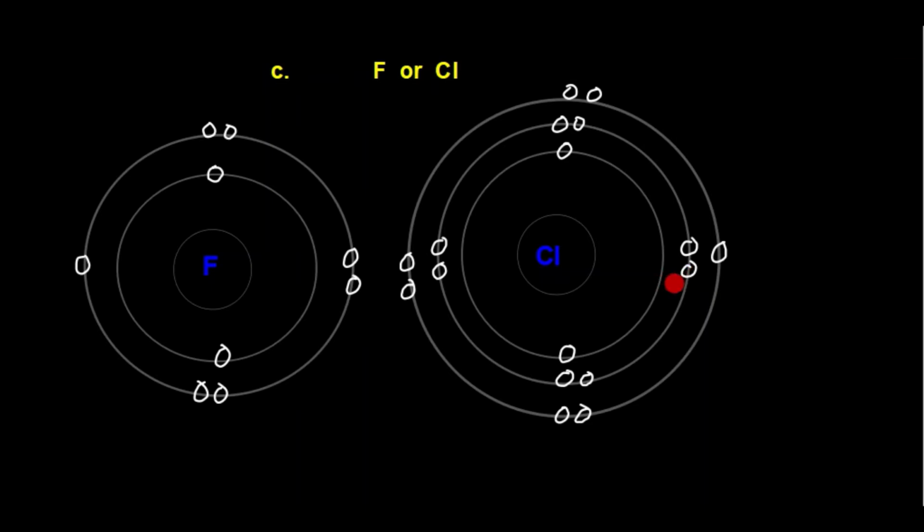Chlorine has 2 inner shells and a greater number of electrons in these inner shells. Fluorine has just one inner shell and fewer electrons in this inner shell as compared to chlorine. So that's why chlorine has greater shielding effect as compared to fluorine. I hope this is clear.